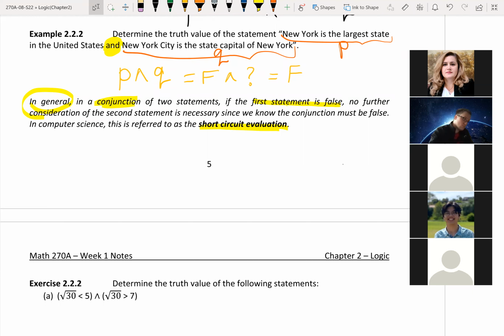By the way, is New York City really the capital of New York? No, it's not, so that one is also false.